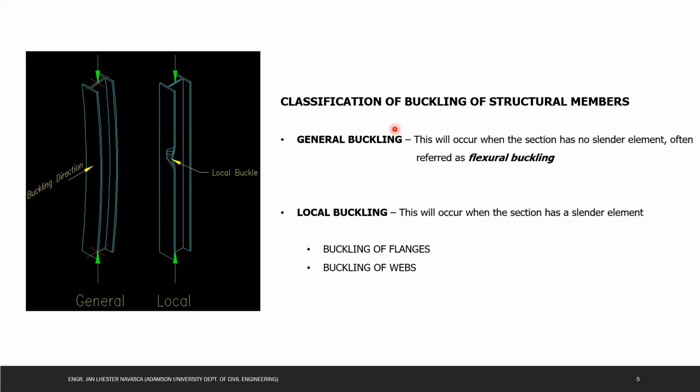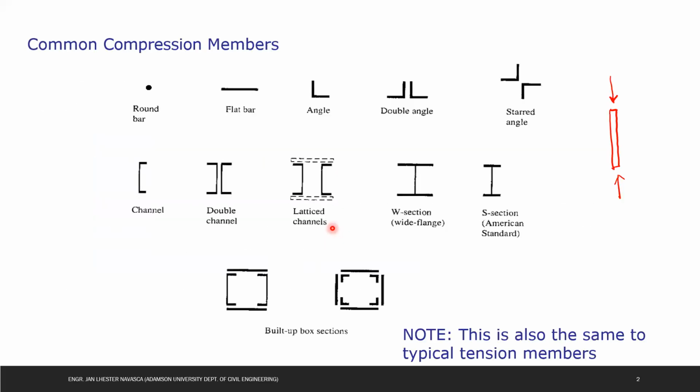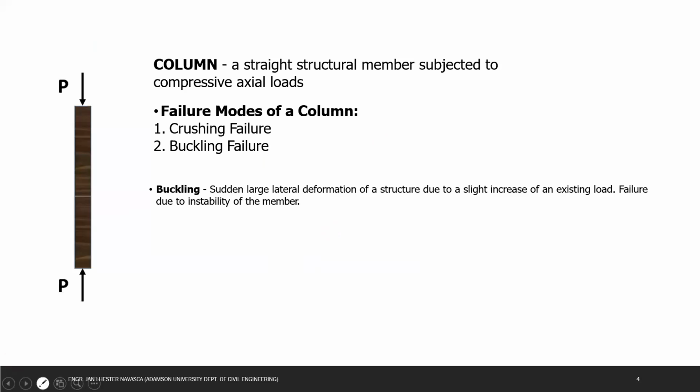Going back to the two limit states, I forgot to mention something. For crushing failure, imagine you have a ruler which is relatively small, then you have a longer ruler which is relatively longer than your first ruler.